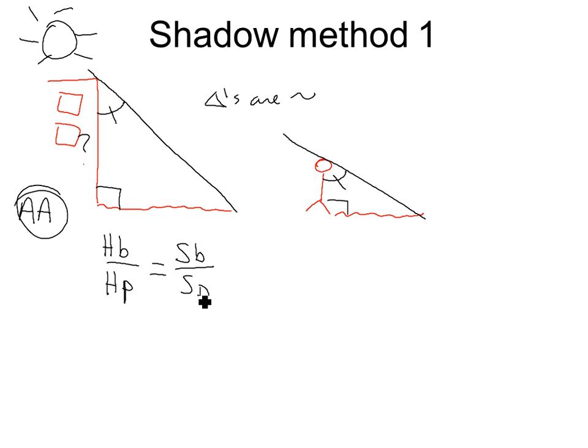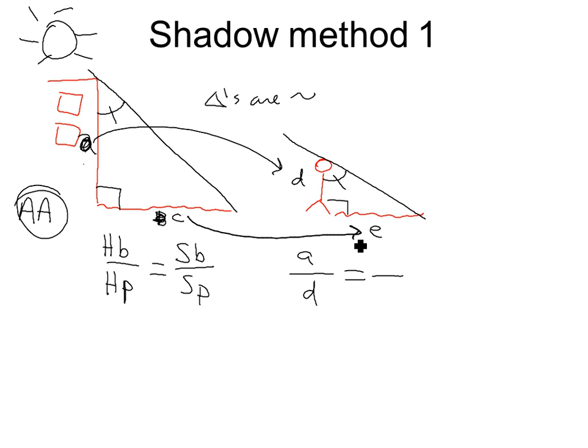So if I put some letters on here, maybe I call this A, we'll call this C, we'll call this D, we'll call this E, then our ratio would be A compares to D, the same as C compares to E.